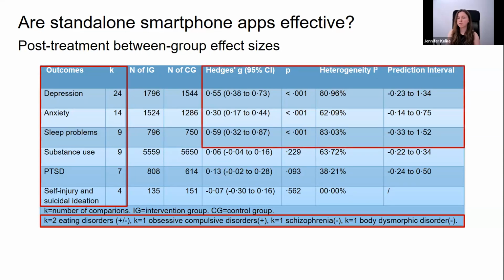We find significant effects of Hedges' g between 0.3 and 0.59 for depression, anxiety, and sleep problems, and non-significant effects for substance use, PTSD, and self-injury and suicidal ideation.